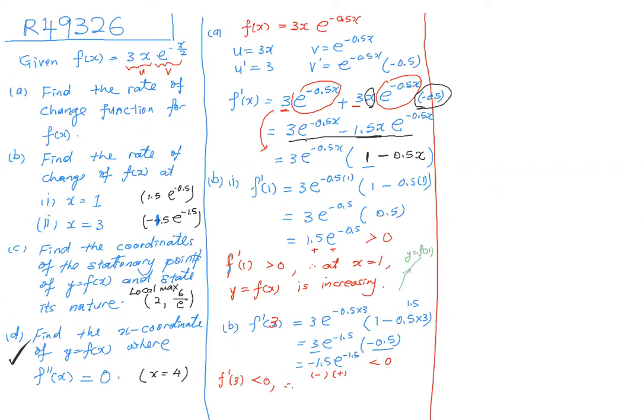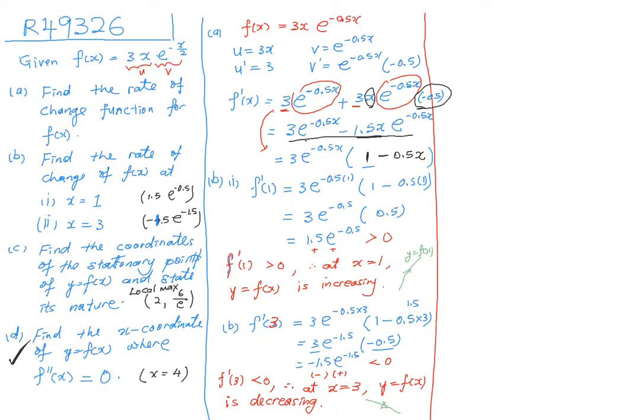So therefore, at x equal to 3, y equal to f(x) is decreasing. Yes, you are right. Everyone has to know what the value of f prime tells you. Decreasing, so the graph for this part is going down, right? Got it? Okay. Can we move on?